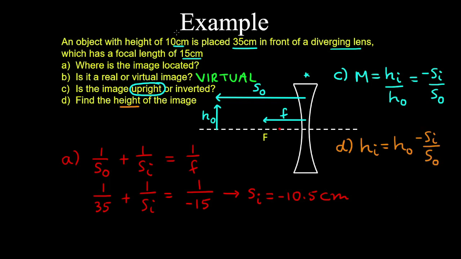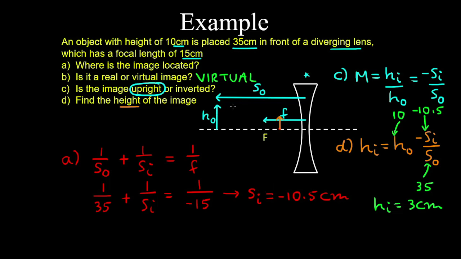Given the height of the object is 10 centimeters, and the distance to the image we determined from part A as minus 10.5 centimeters, and the distance to the object is given in the problem, then we can determine the height of the image, which is 3 centimeters. So therefore, the image looks something like this.